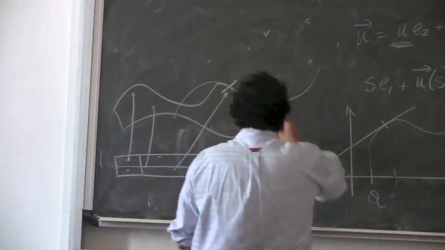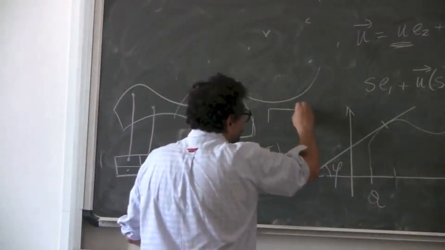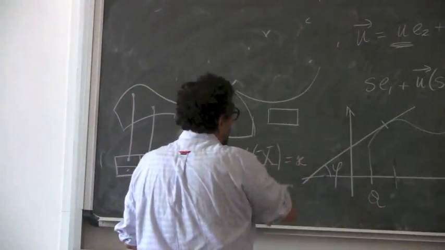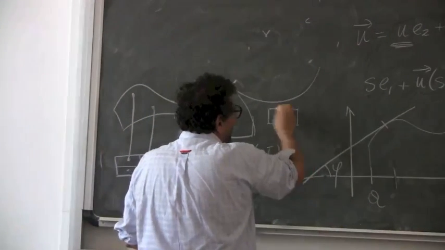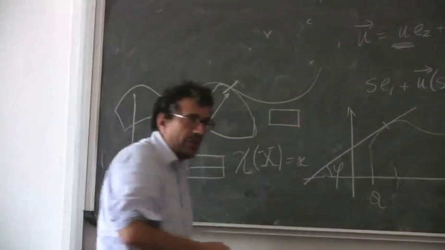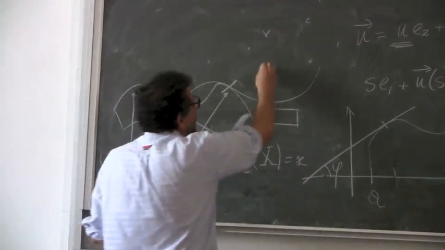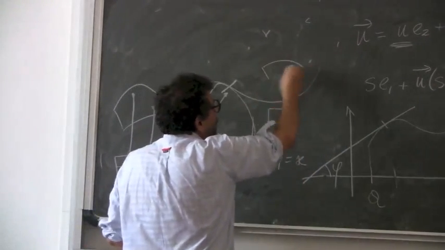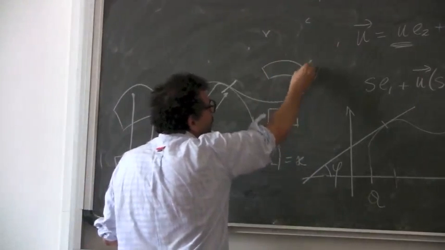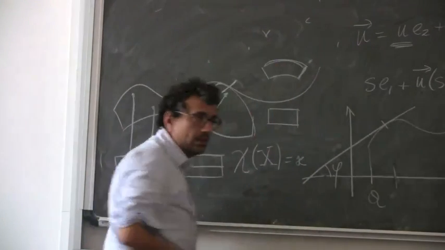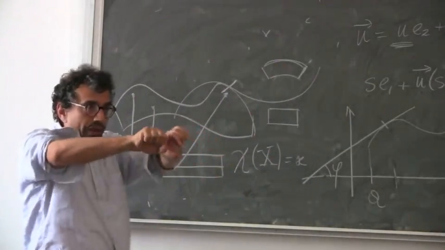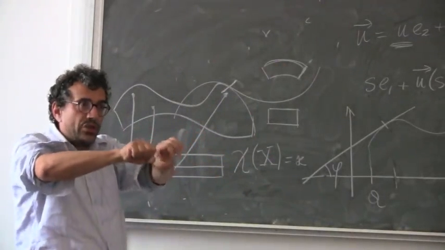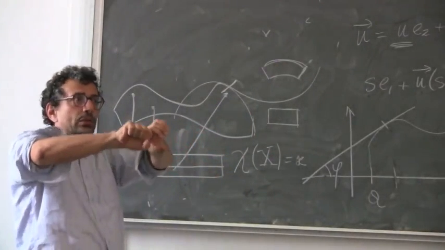If you have a beam, a cylinder having this shape in the reference configuration, and then you deform it in this way, you have a deformation energy related to bending.